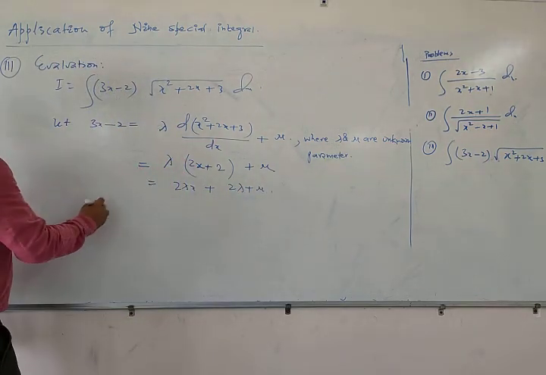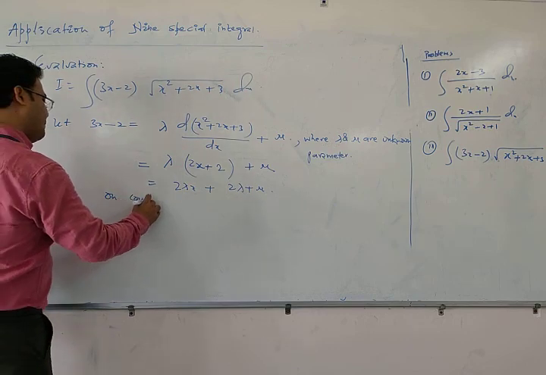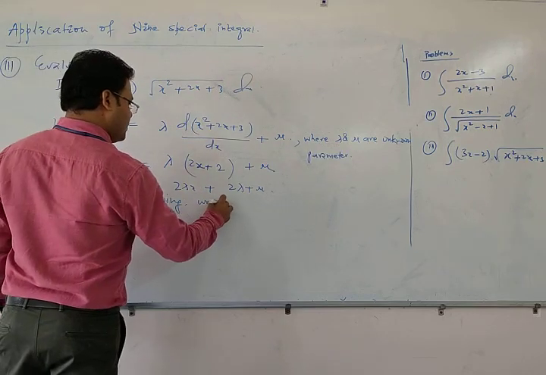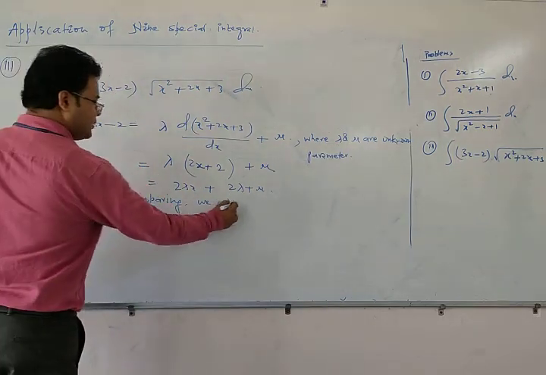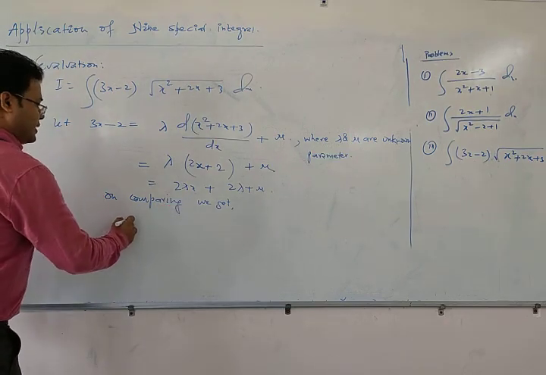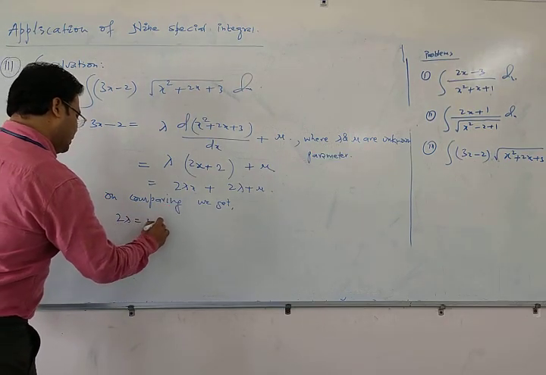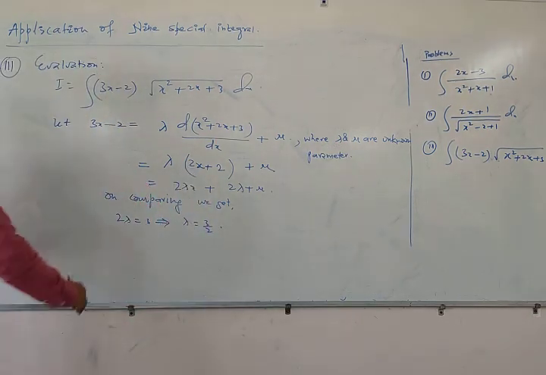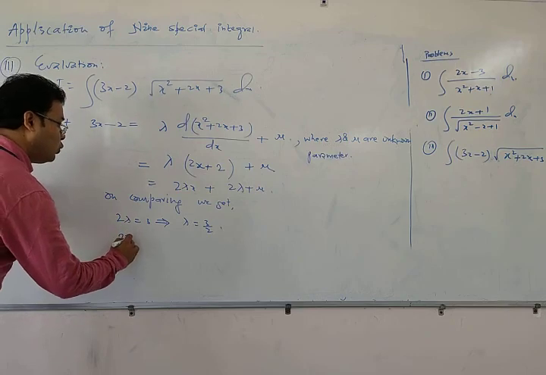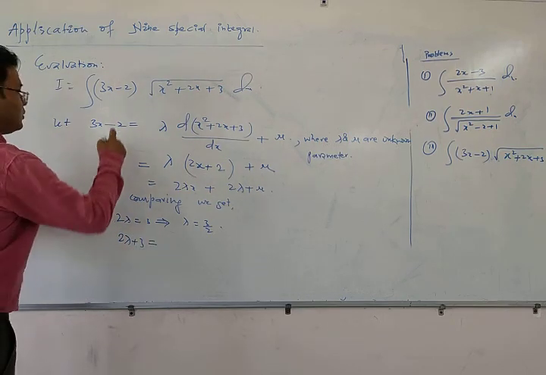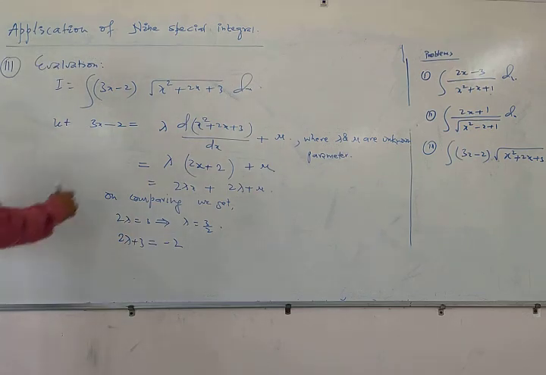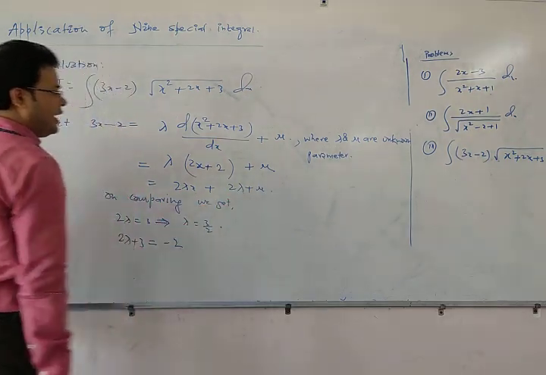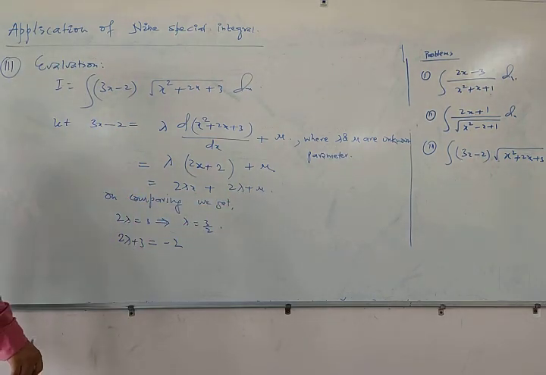Now we use the comparison method. On comparing, the coefficient of x gives 2 lambda is equal to 3. This implies lambda is equal to 3/2. Also, the constant term on the left hand side is minus 2, and on the right hand side the constant term is 2 lambda plus mu.